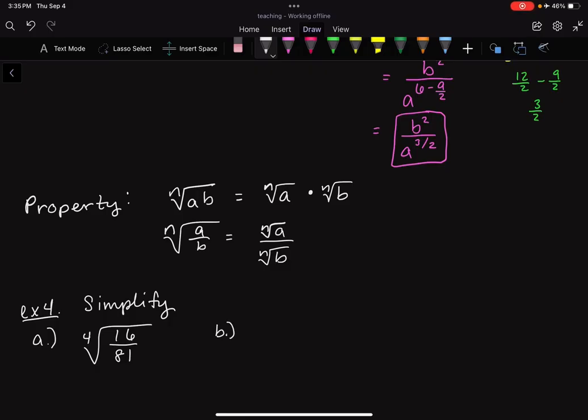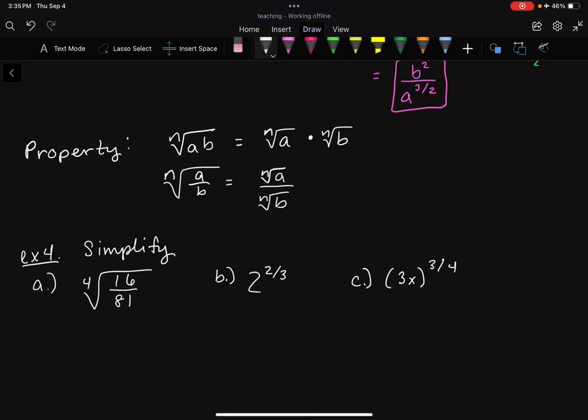B, let's do 2 to the 2/3. C, let's do 3x to the 3/4. And then I'm kind of running out of space over there, so I won't write D out yet.